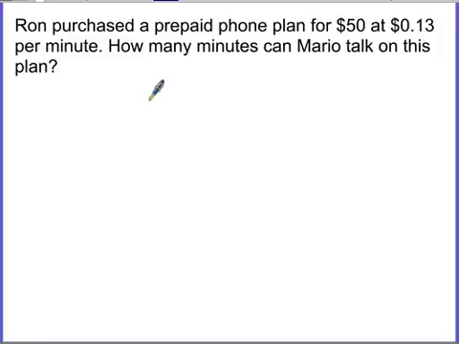So we have to think in terms of the fact that Mario doesn't have to spend all $50, does he? No. So he could spend less, but he can spend up to $50. So 0.13x is less than or equal to 50, right? Because he could spend less than $50, but he can't spend over $50, and he put $50 on there, so he could spend equal to $50.